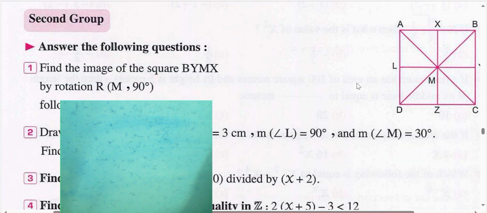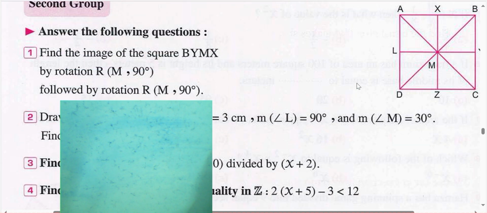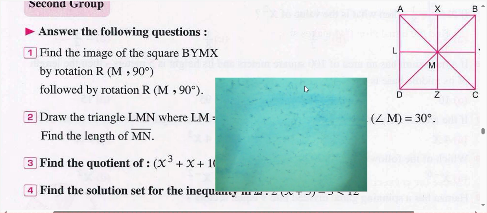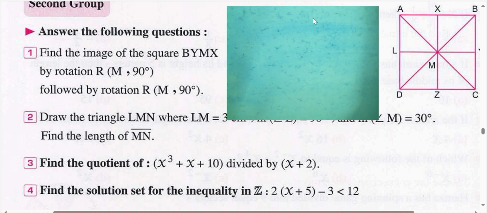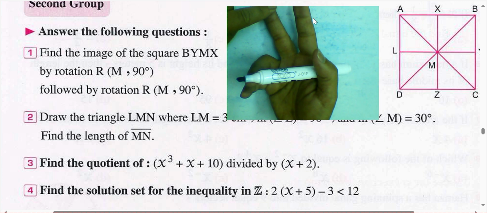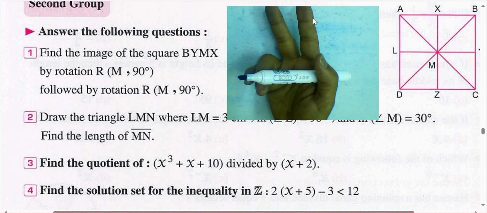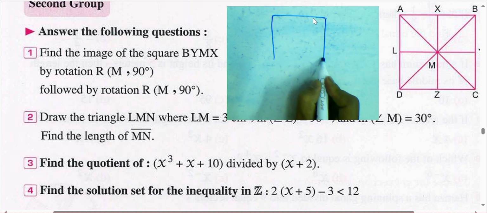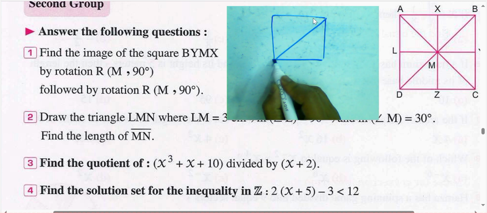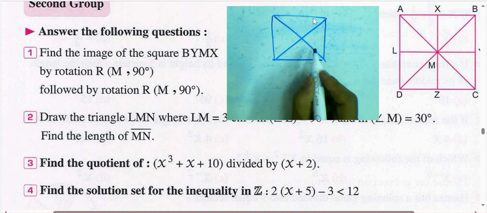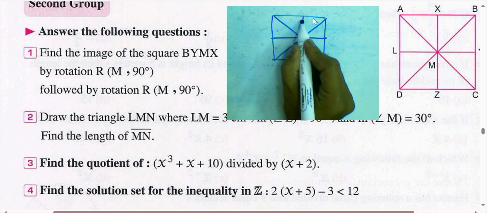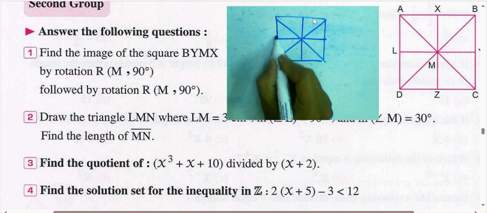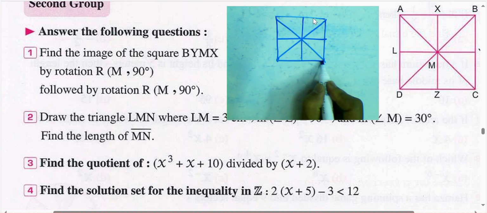Example. Find the image of the square BYMX by rotation by angle 90 degrees. We have the square, like this.